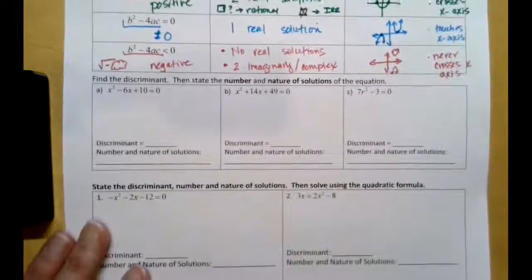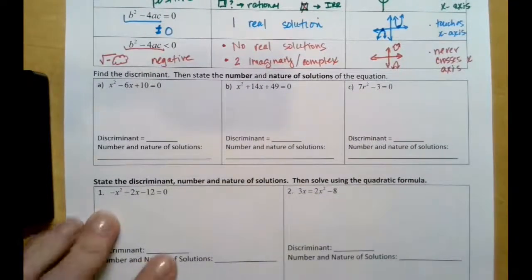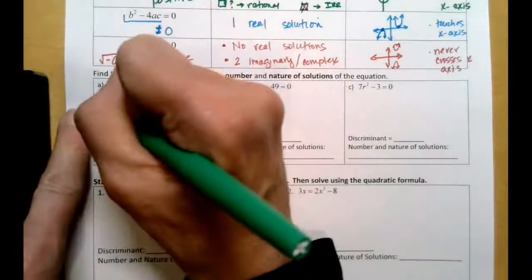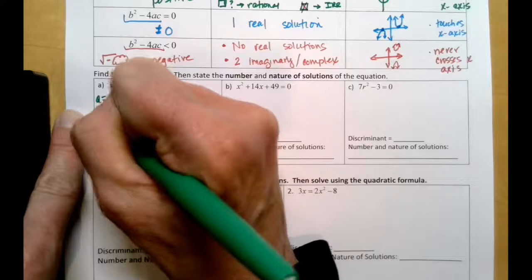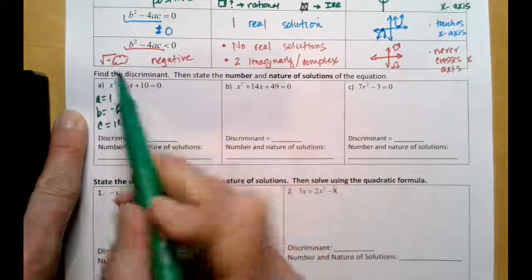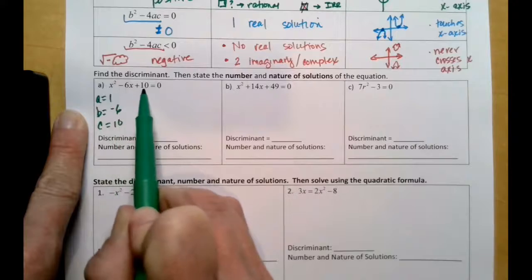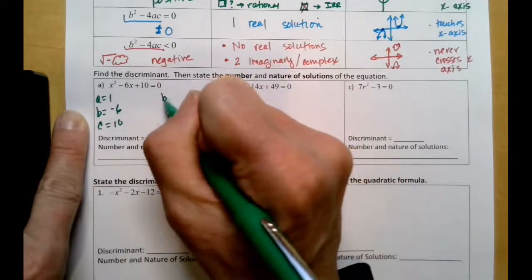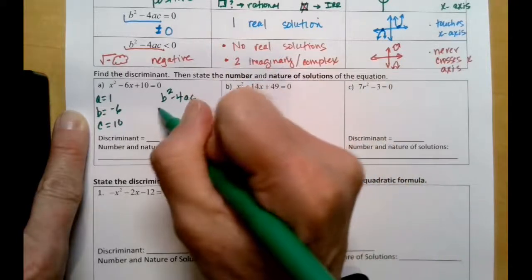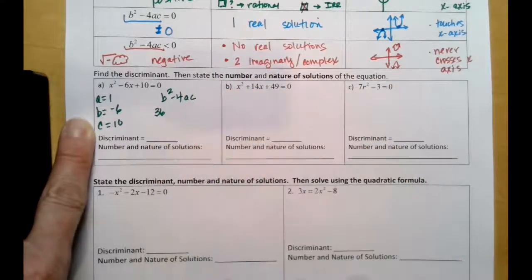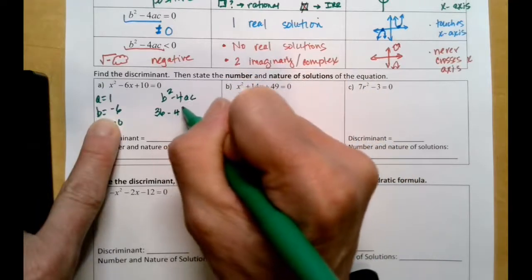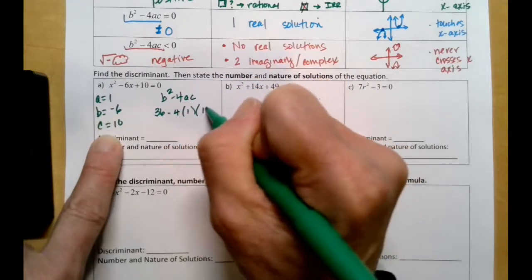All right, so in this next part, we're just finding the discriminant. So we're going to say, okay, a is equal to 1, b is equal to negative 6, and c is equal to 10. So if I know the discriminant is b squared minus 4ac, b squared is always going to be positive, because I'm squaring that negative, minus 4 times a times c.